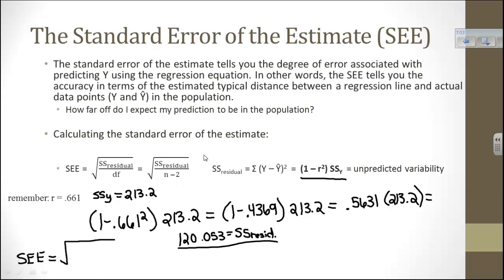So this is equal to the square root of 120.053 divided by n minus 2. Well, n in this case was 5, and 5 minus 2 is 3. If you don't want to show that step, you don't have to because it's pretty easy math. This becomes the square root of, so 120.053 divided by 3 is 40.0177. And you end up with a standard error of the estimate of 6.326.